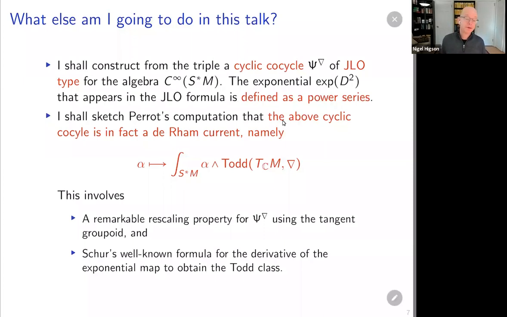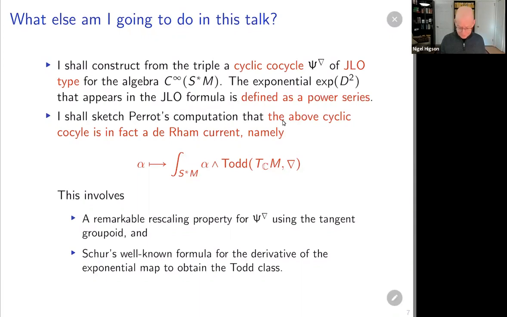I'll focus on just two things, the first of which is our own modest contribution to this, and the second of which is just lifted from Perrot. The first thing is that this operator and the cyclic cocycle that you build from it has an interesting sort of rescaling property, which is expressed on the tangent groupoid.